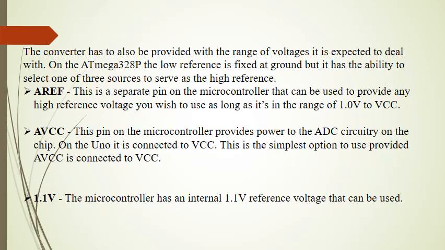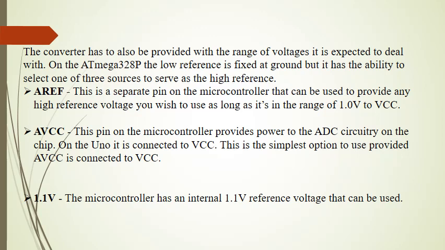So what will happen then? The microcontroller will understand that whatever voltage is coming in will be in the range of 0 to 3 volts.